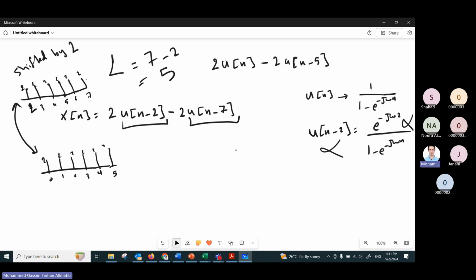Now my function, see how this problem is approached. My function, let's assume, let's call it x of n equal to u of n minus 2 u of n minus 5.